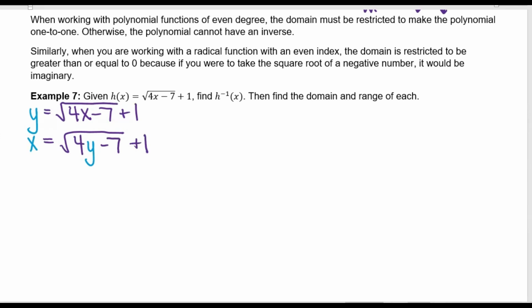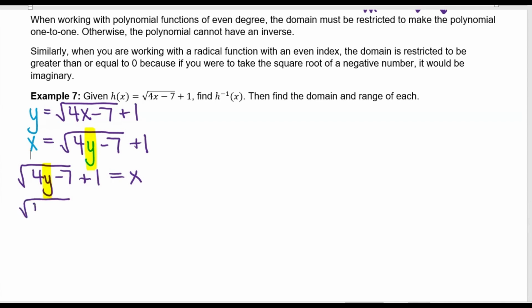And remember that we are solving for y. It may help some students to rewrite this with our variable for which we are solving on the left-hand side. Notice that I didn't change anybody's signs, I just changed the order. So it's like I moved the equals x to the right-hand side.